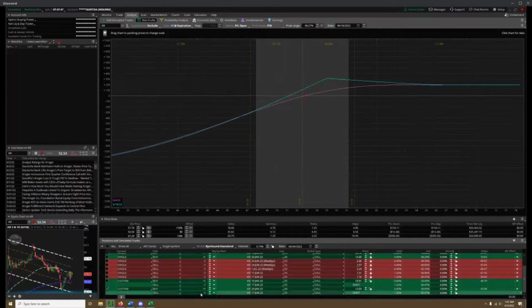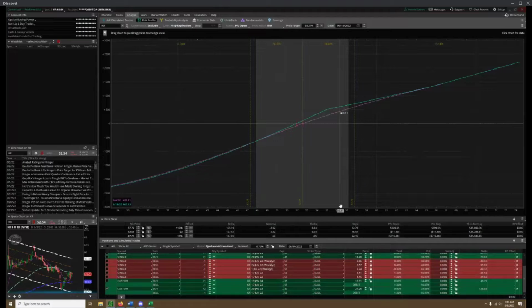If I'm buying one, selling one, my max profit is at the short strike, because that's the standard diagonal, right? If your shares get called away at your short strike, that's the max profit. But if we sell it at a ratio and you go back and look at the 55 strike where I'm selling the short call, your max profit is 511.